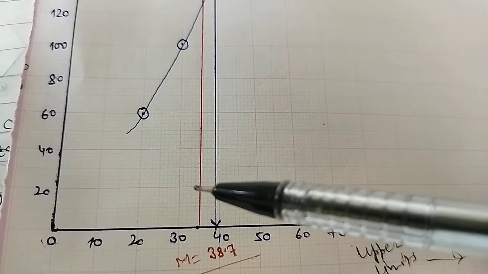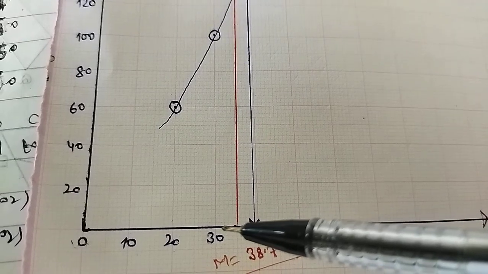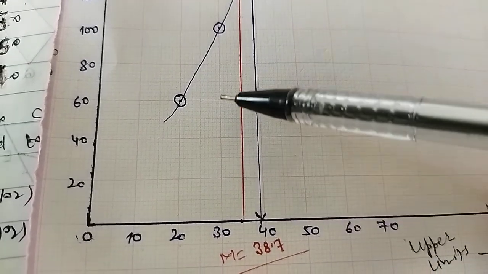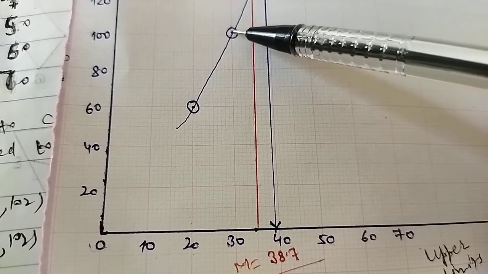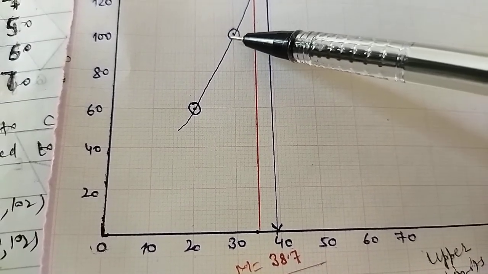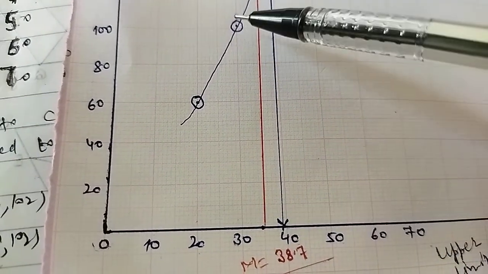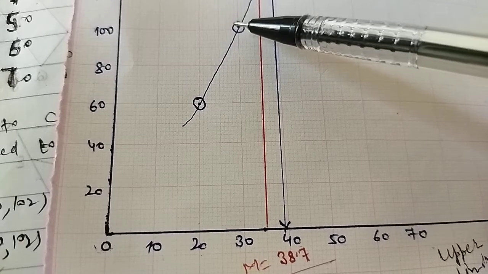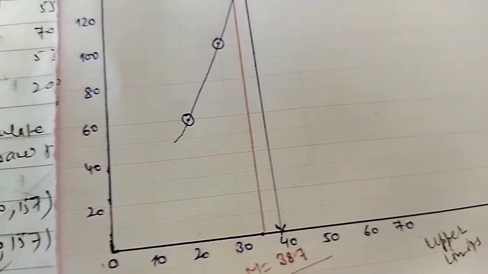Then your next was 30 and 102. So here it is 30, you go there. 100 exactly, one box more you have to read because I said one small box is equal to 2, so 102 you can mark there. 30 and 102. Then your next was 40 and 157.